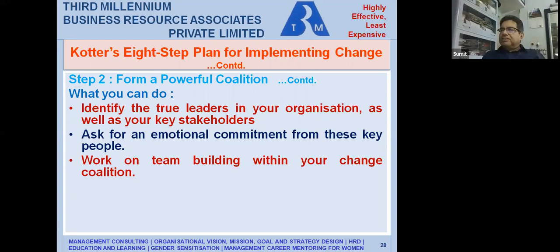This is obvious. Work on team building within your Change Coalition. And many of you might be knowing, typically when we do OD and change management processes for organizations, our clients, we have a team from our side, depending on the size of the assignment, but we insist that there has to be a team on their side also who will collect information from within.